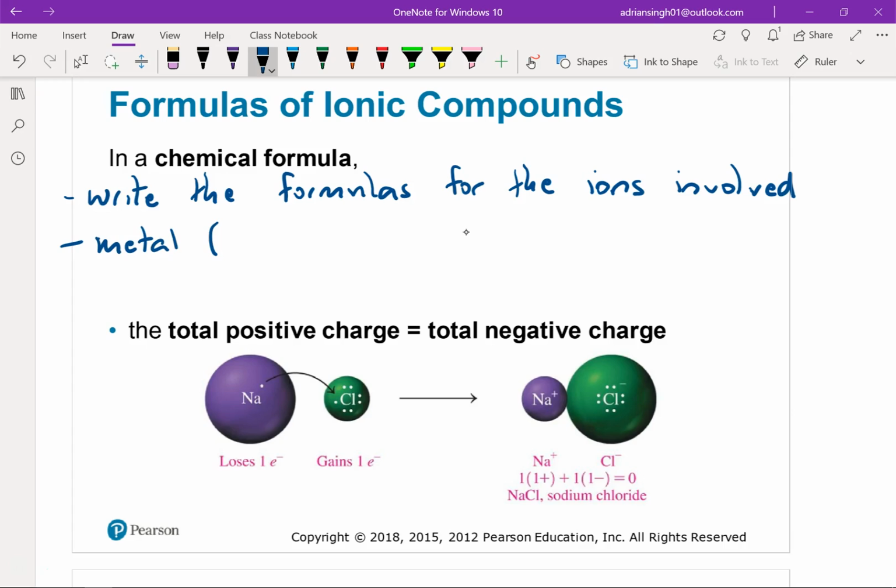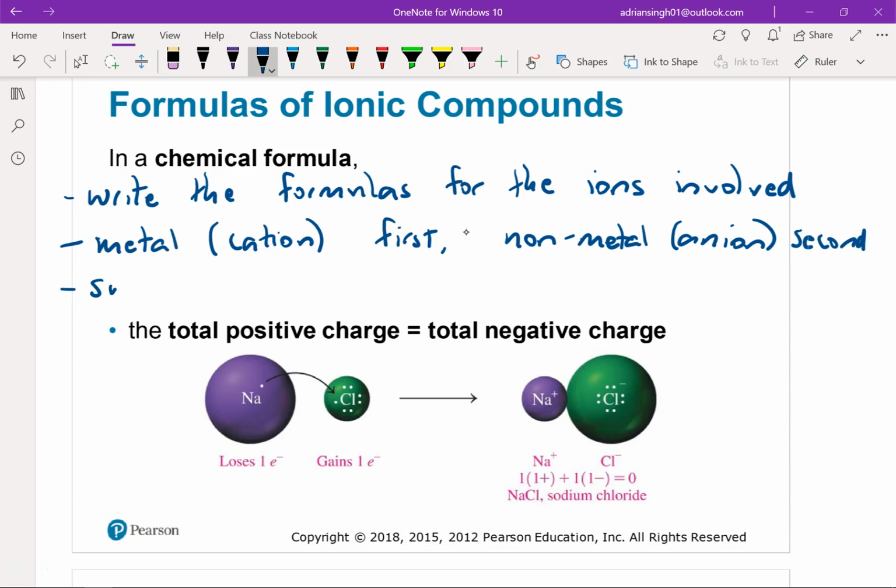So the metal, and generally we can also say the cation, the positively charged thing, goes first, and then the non-metal, which is the anion, goes second.